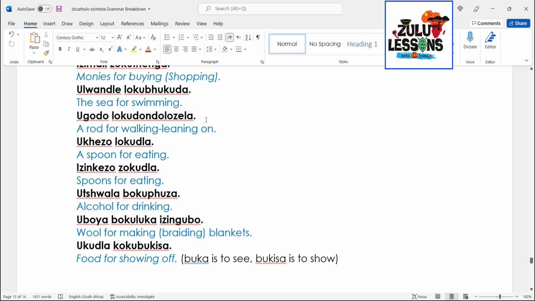Dondolozela. So then you remove this and you say, oh, uku dondolozela, it's to lean on, when someone is walking with a walking stick or crutches, right? So uku dondolozela, that is what we are talking about. And then we put it together with the possessive prefix la. And that's where you now have loku dondolozela.